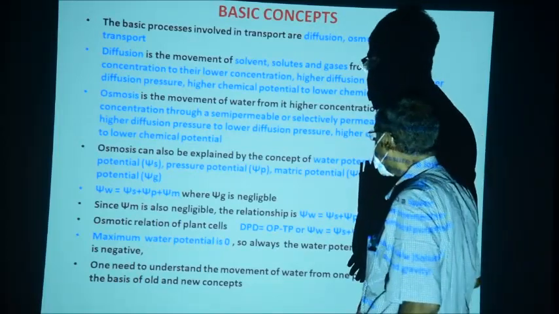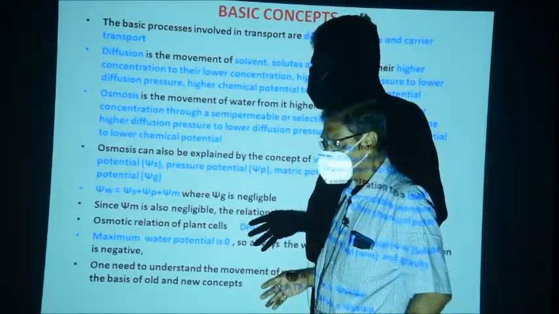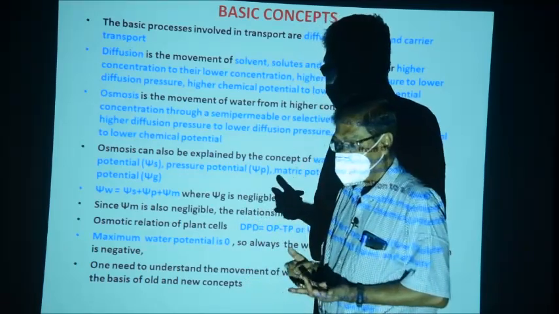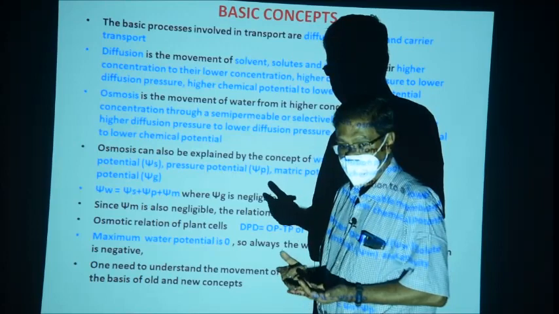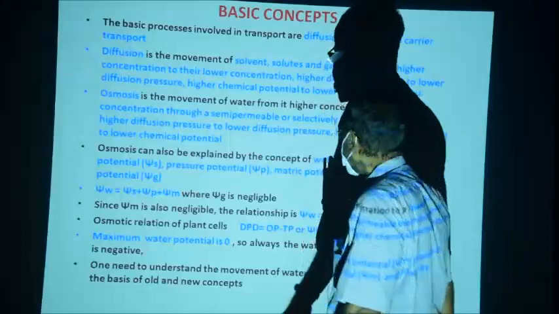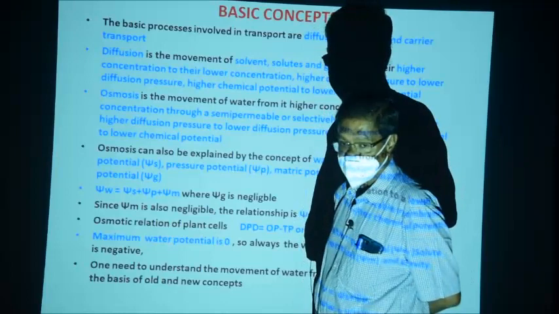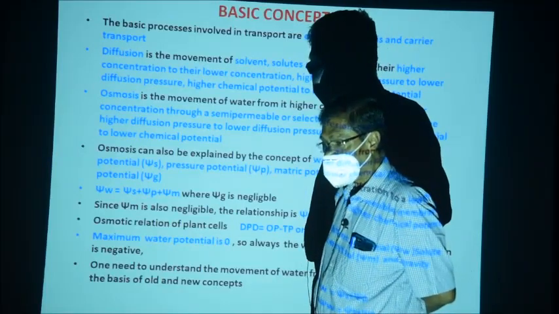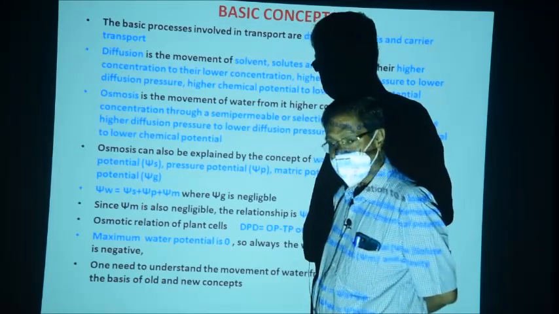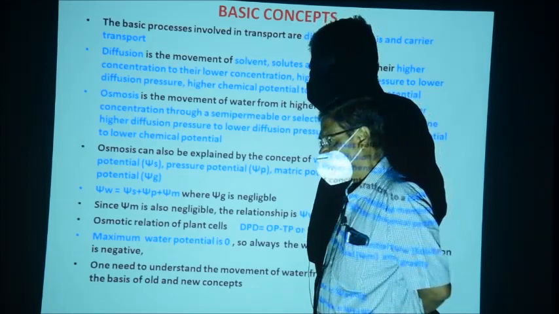Let us not make it more complicated. Now, higher concentration to lower concentration. What are the three things? Higher to lower concentration, higher to lower diffusion pressure, higher to lower chemical potential.